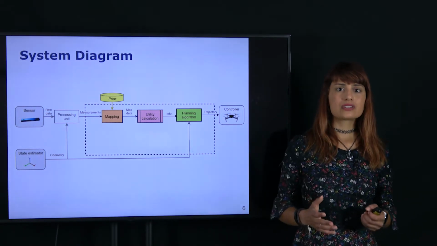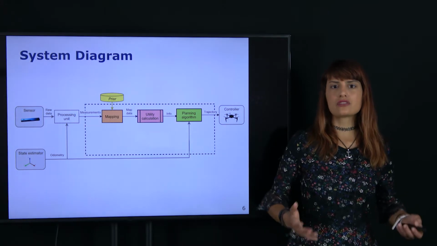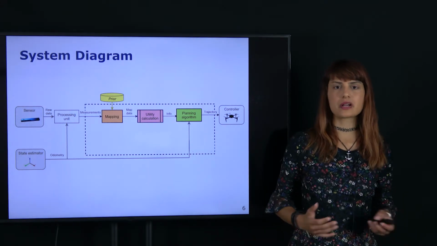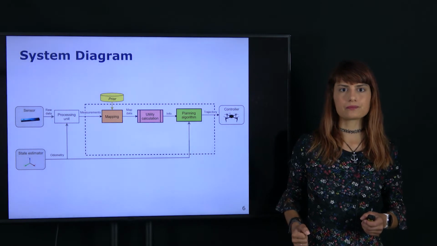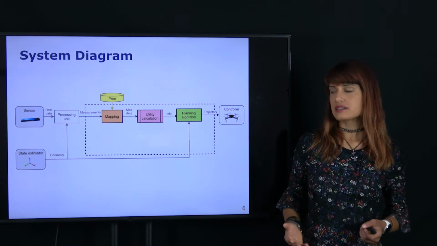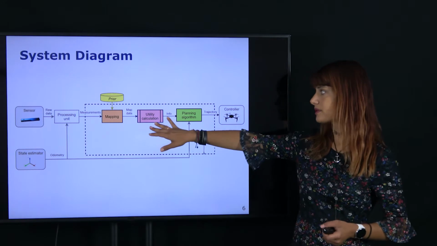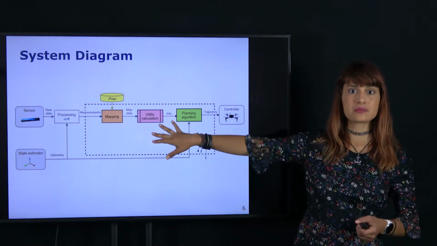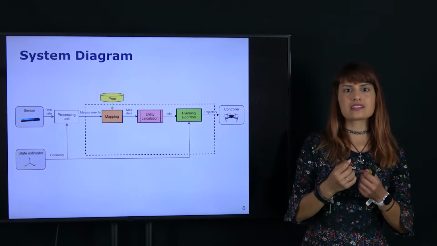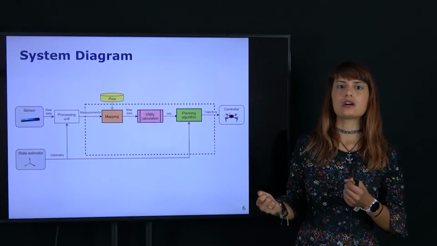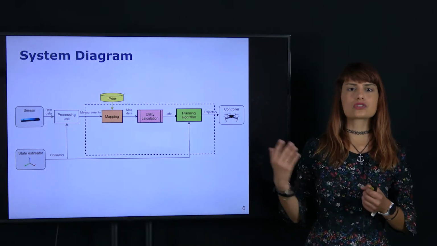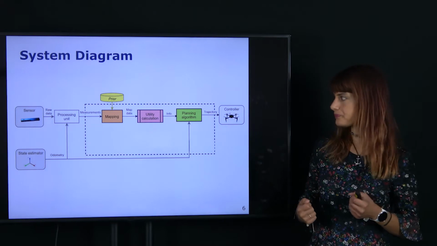A measure of the utility could be how much uncovered space does the robot see with respect to the current state of the map. In this case, the utility takes in the map, sees which information is missing, and then from this provides some measure of the reward of how promising future locations to take measurements would be.